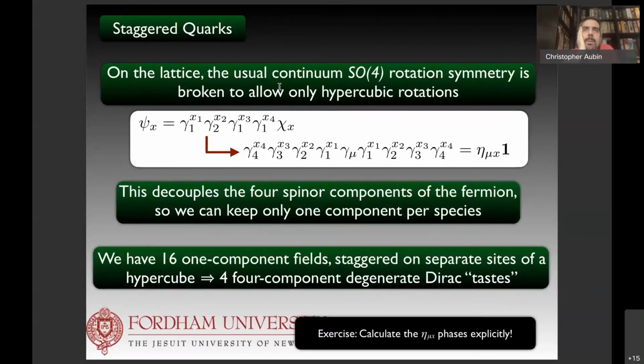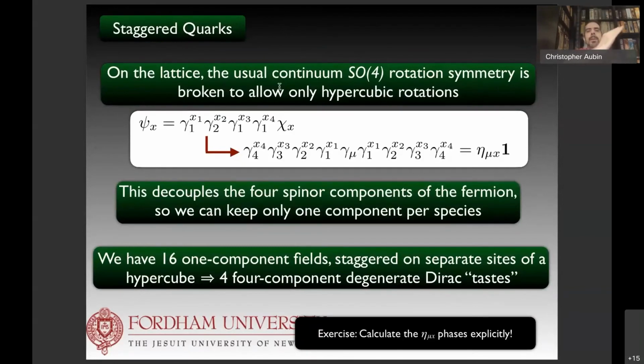Now, why do we have these doublers, and how can we use that reason to get rid of them, or at least some of them? On the lattice, we don't have rotation symmetry anymore. If I imagine a vector connecting two lattice points, I can't just rotate my arm in any direction.